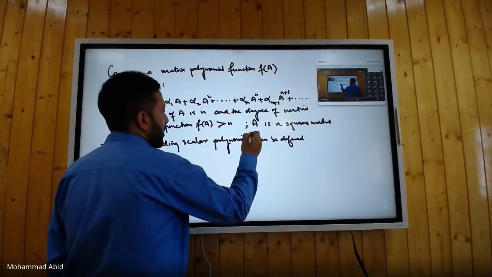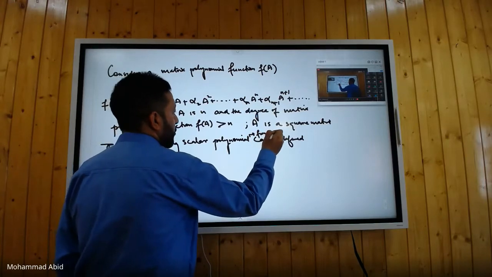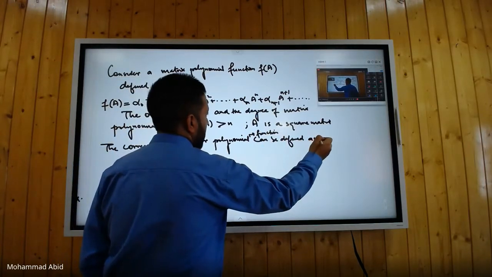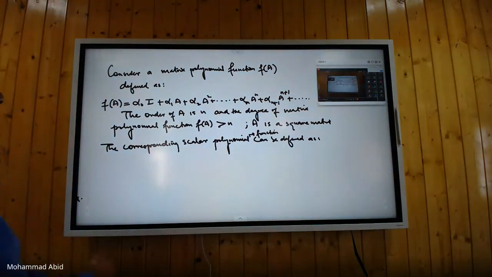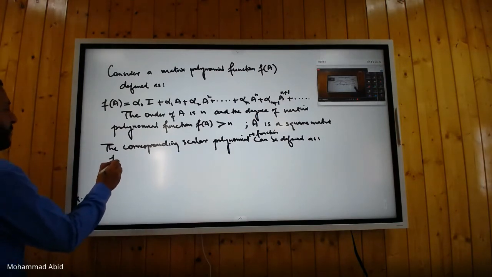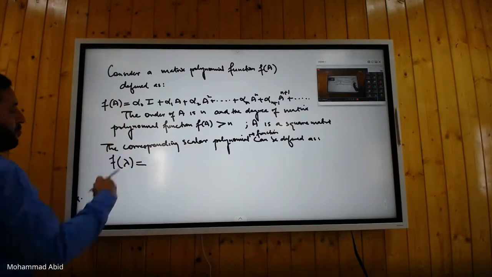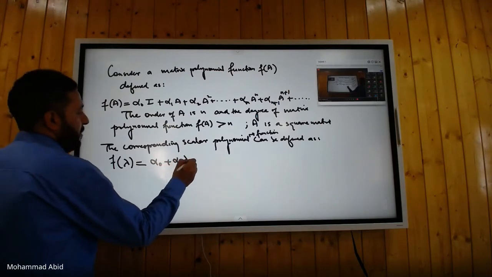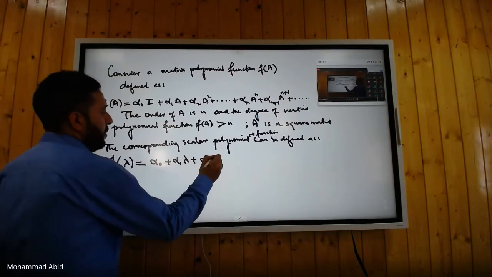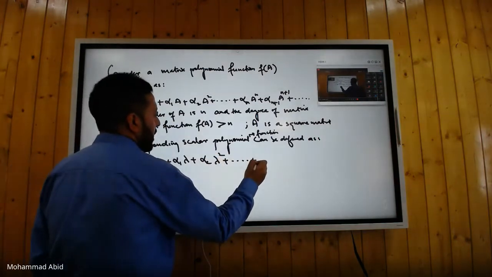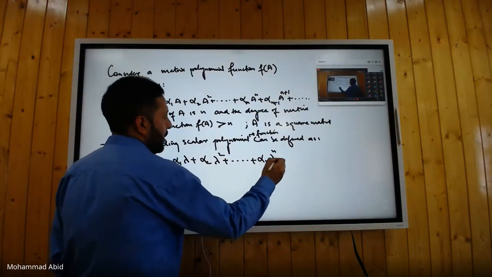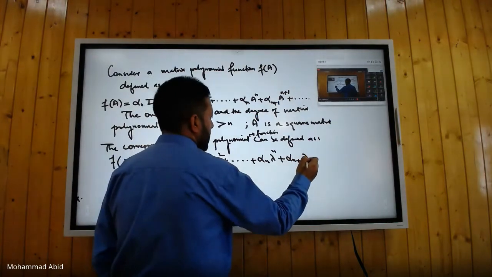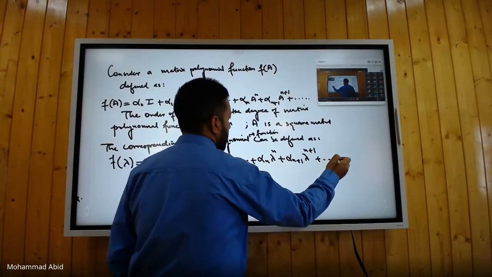The corresponding scalar polynomial function can be defined as follows. Basically I need to evaluate this matrix function, and I can do that by defining the corresponding scalar polynomial function as f(lambda), that means substituting lambda for A. So I can define it as alpha naught plus alpha 1 lambda plus alpha 2 lambda square plus so on, alpha n lambda raised to n plus alpha n plus 1 lambda raised to n plus 1 plus so on.